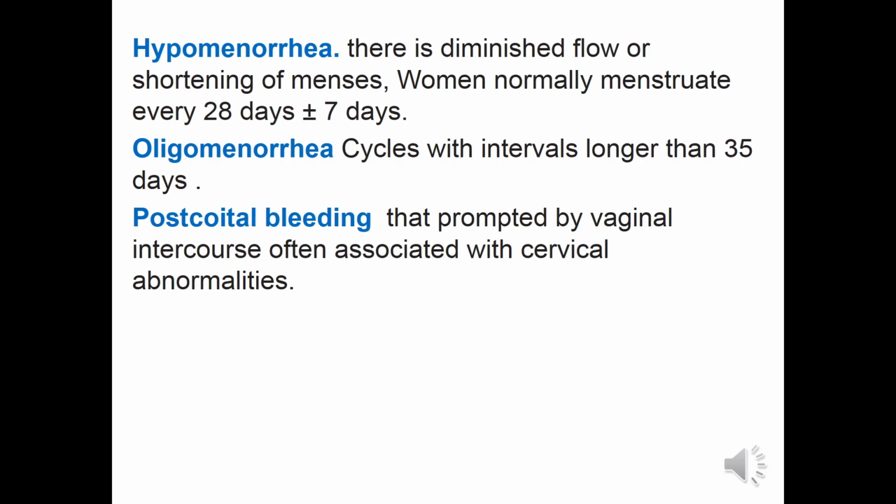Women normally menstruate every 28 days plus or minus 7 days. Oligomenorrhea: cycles with intervals longer than 35 days. Postcoital bleeding is that prompted by vaginal intercourse, often associated with cervical abnormalities.